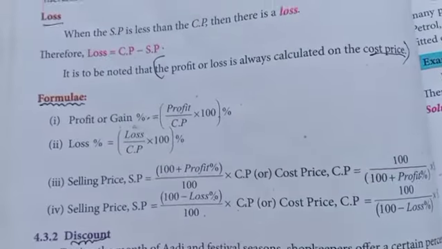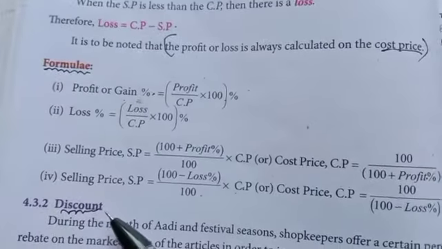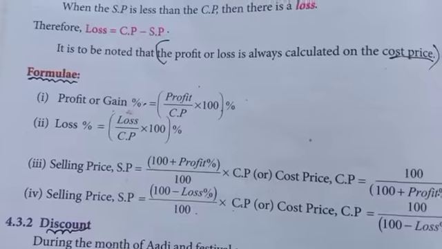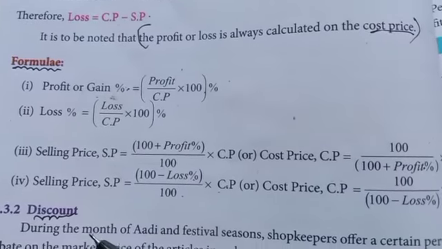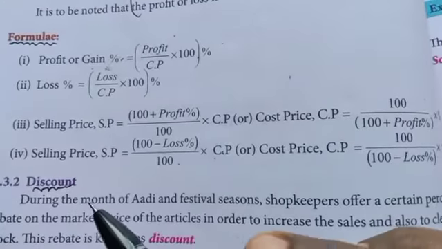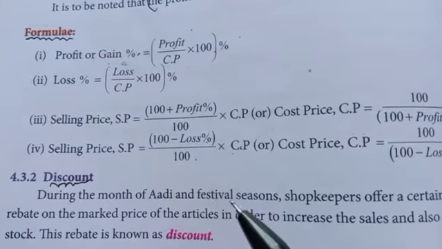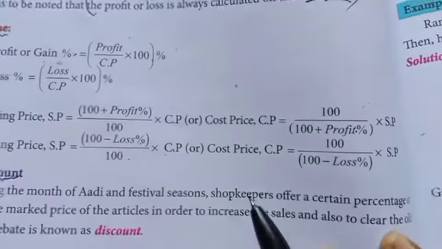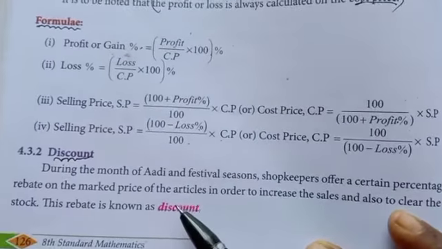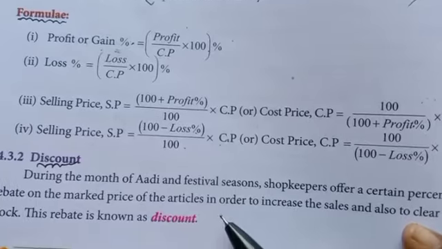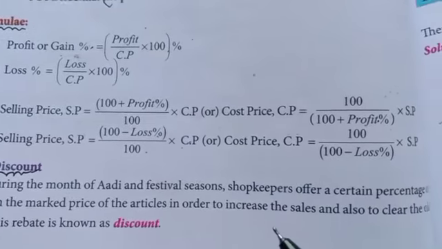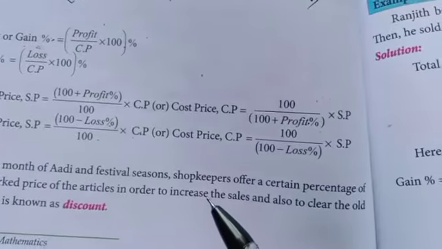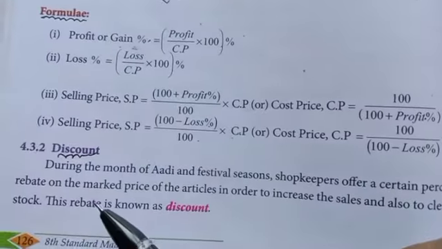Now you are going to learn the meaning of discount. During the Aadi festival we get a discount from some of our nearby shops. During the festival seasons, shopkeepers offer a certain percentage of rebate on the marked price of the articles in order to increase the sales and also clear the old stock.